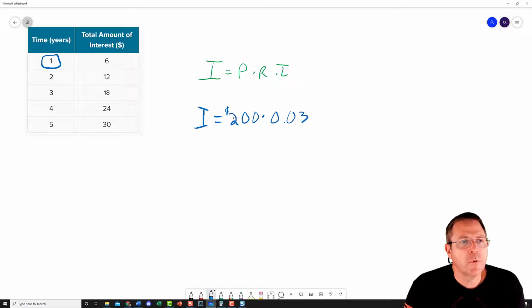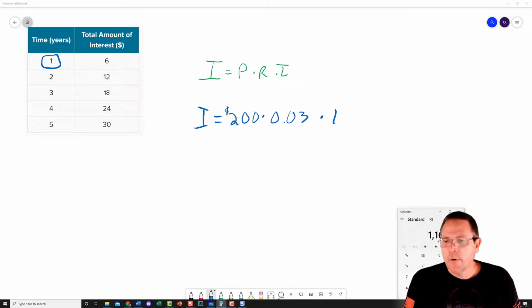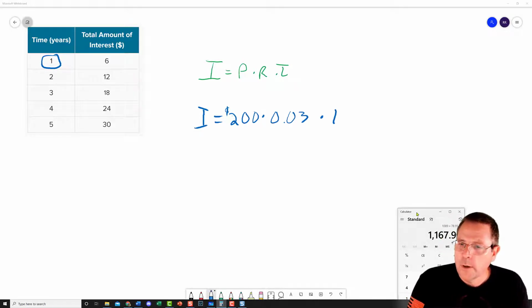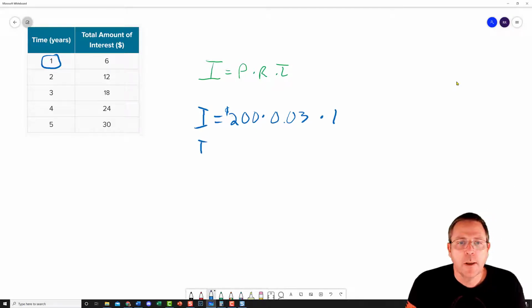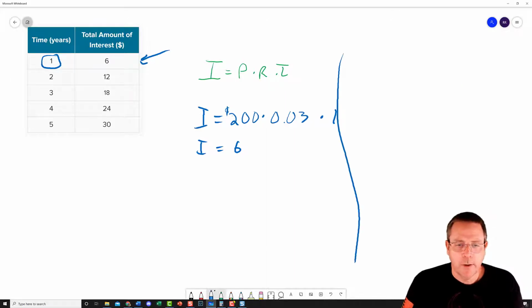I'm going to start simple. Let's try 1 year. So times 1 year, and when we grab our calculator here, that's going to be 200 times 0.03 times 1, which is going to equal 6. So for that one, interest is equal to 6, which, hey, looky there, it worked. Let's try another one. Let's do it with the 4 years.